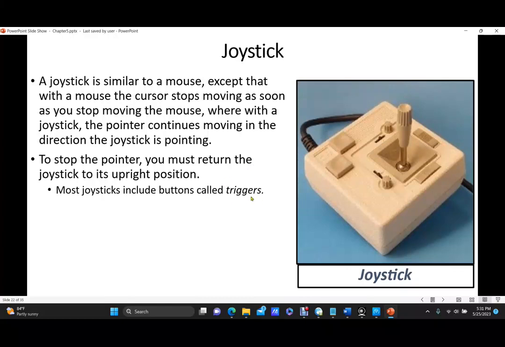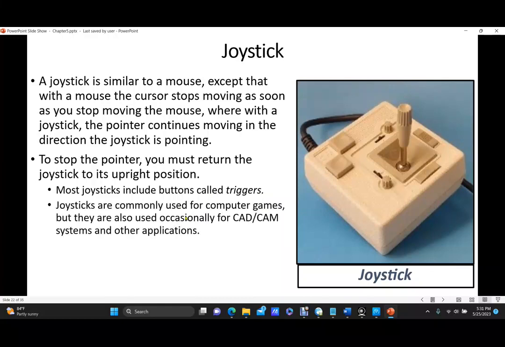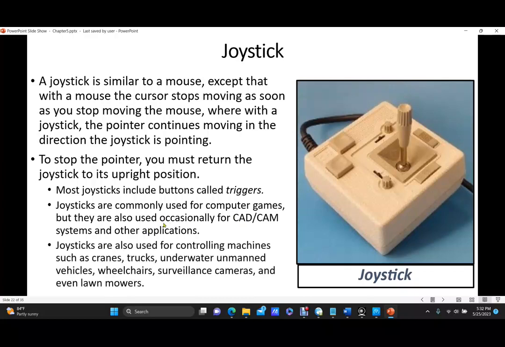Joysticks also include buttons called triggers. They are commonly used for computer games, but you also see them in CAD/CAM systems as well as other applications, used for controlling machines like cranes, trucks, underwater unmanned vehicles, wheelchairs, surveillance cameras, even lawnmowers.